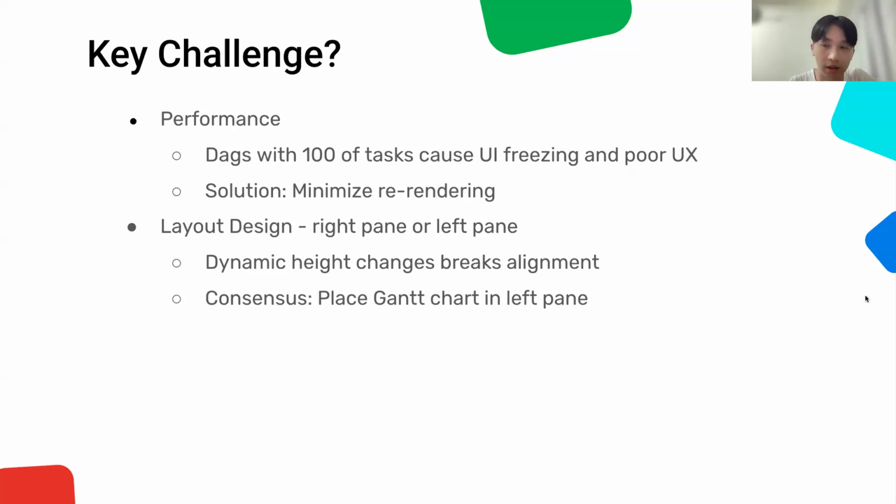So we thought this was very crucial. Eventually we reached a consensus to move it to the left side, which we think is a better option. We also added a state management hook to keep alignment and selection in sync between the Gantt chart and grid views. Next slide, please.